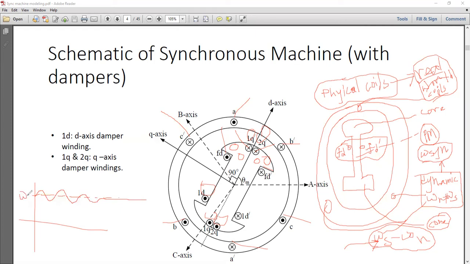Let me draw a different line, the straight line. This is omega S, the fixed value of synchronous speed. However, this is your omega R. So during transient, there will be some deviation of omega R from omega S.